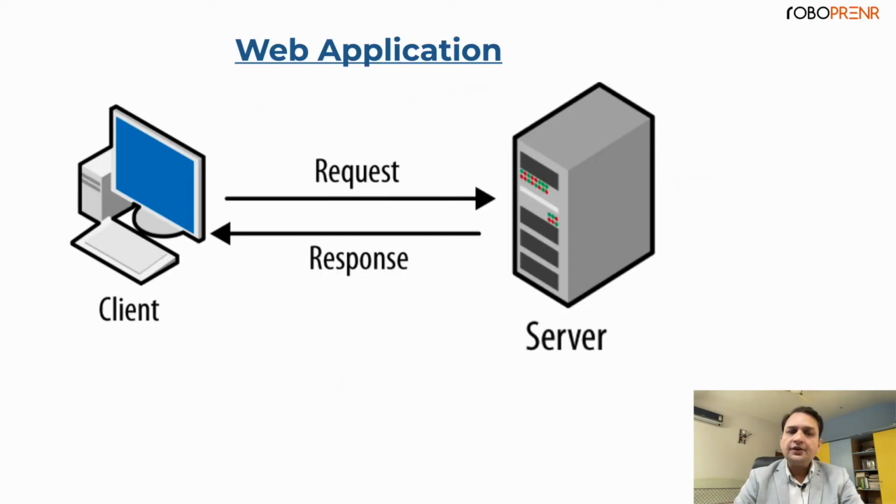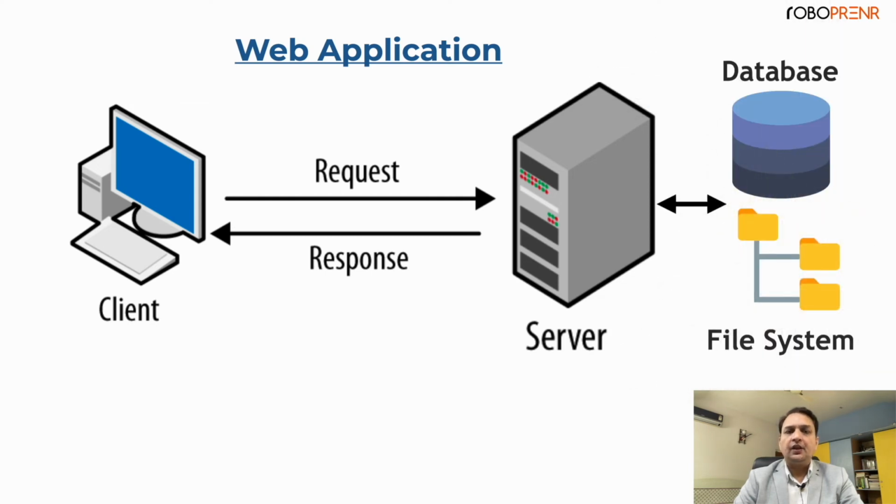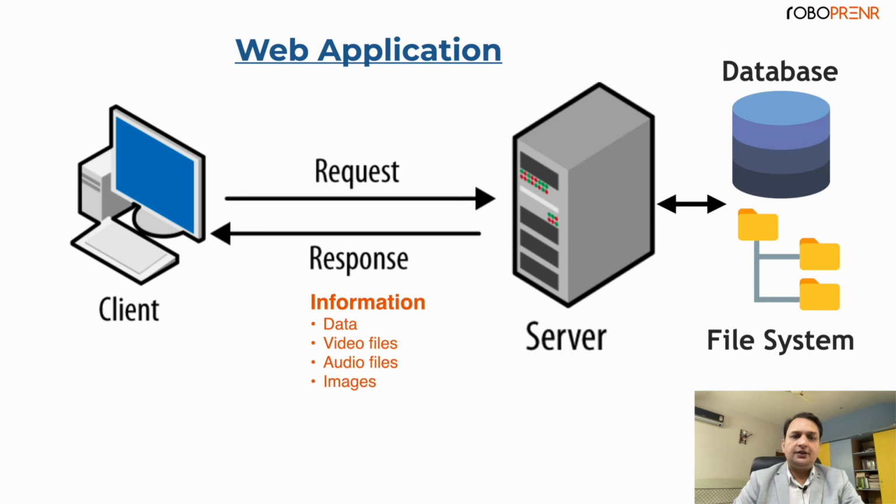A web application server's job would be to serve the clients through the request and response cycle. It will send the information that the user requests and can receive information from the user and store it in a persistent mechanism like a database and file system. Information can be in the form of data, video files, audio files, or images.